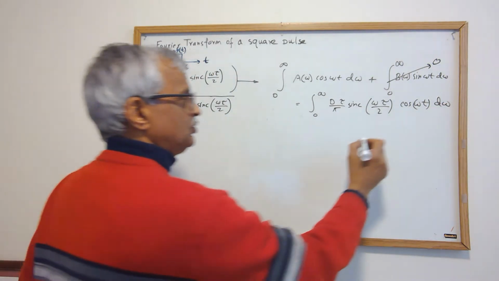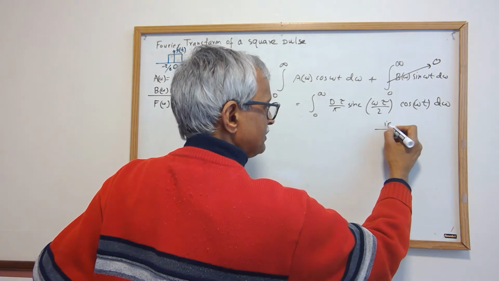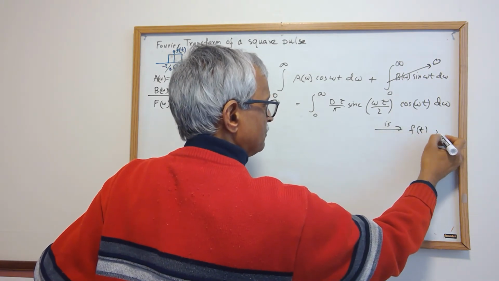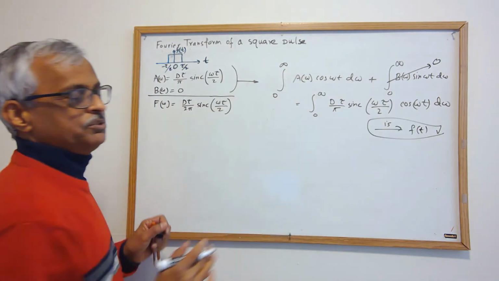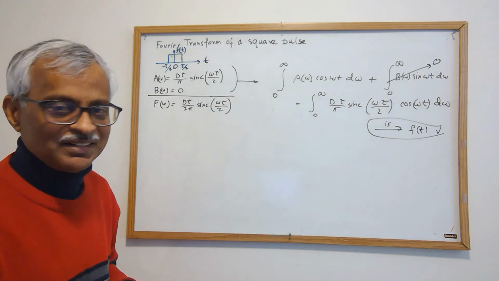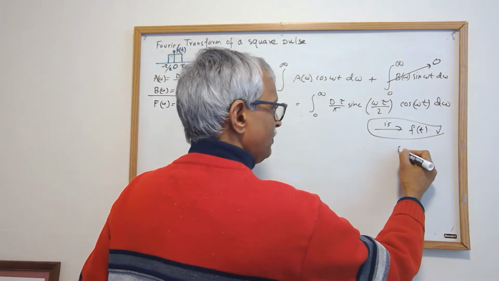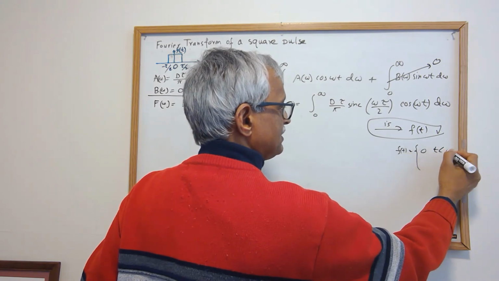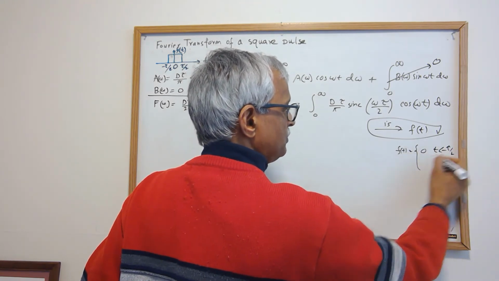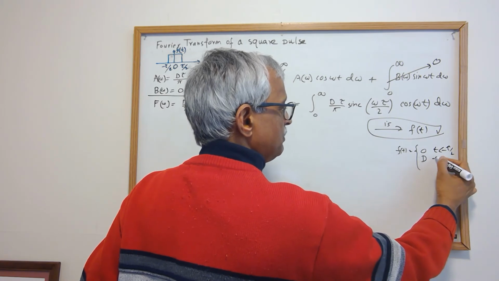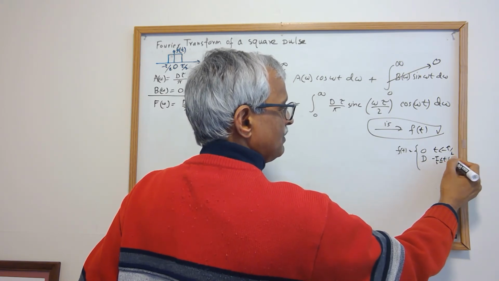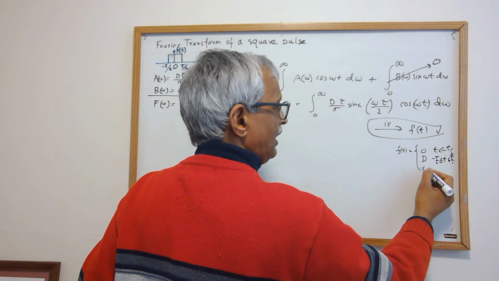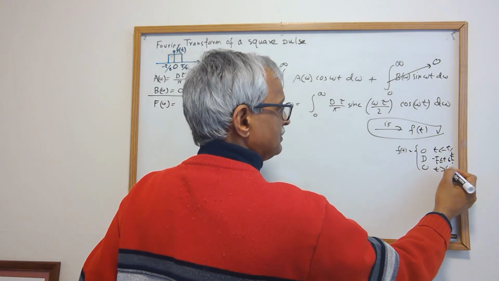So this should be f of t from the theorem, right? If I were to do this integral, I'll get that complicated f of t, which was written as 0 for t less than minus tau over 2, d for t between minus tau over 2 and tau over 2, and 0 for t greater than tau over 2.